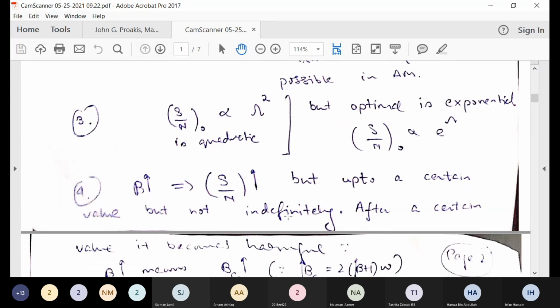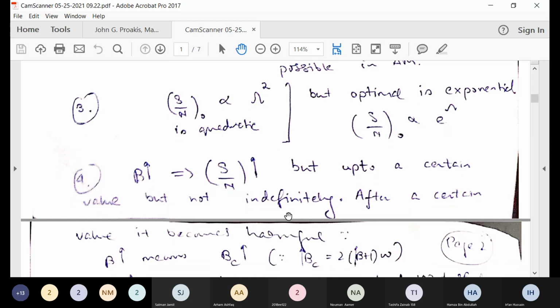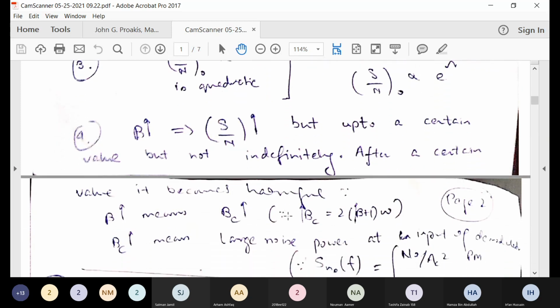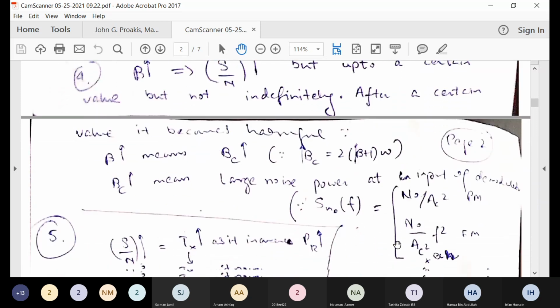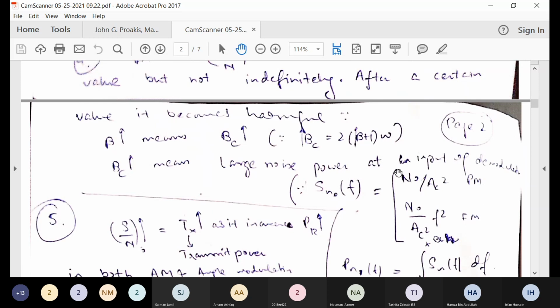We cannot do that indefinitely, because after a certain value of beta, what happens? As you are increasing your beta, your bandwidth, Carson's bandwidth, which is 2 beta plus 1 into W, is increasing. As your occupied bandwidth for FM and PM is increasing, it means we have more noise power. What is noise power? We saw the power spectral density of noise for PM and AM.